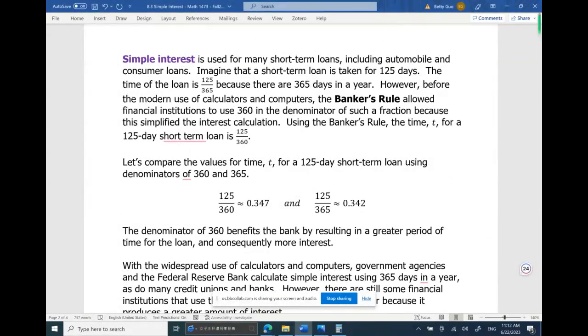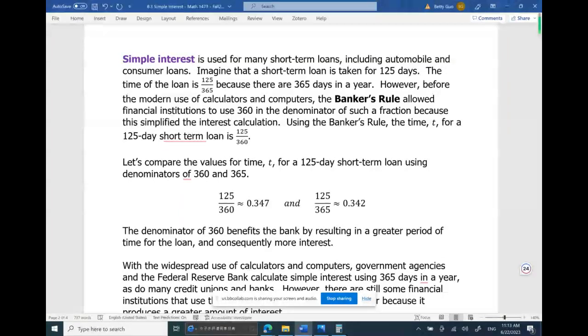Imagine that a short-term loan is taken for 125 days. The time of the loan is 125 over 365. Remember, when we use the formula, T must be time in year. You do not plug in T equals 125. You have to figure out how many years in 125 days. 125 divided by 365, that's the time in year, because there are 365 days in a year.